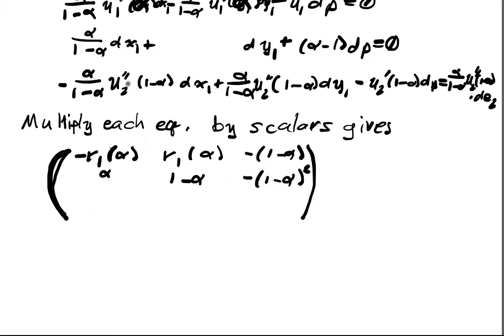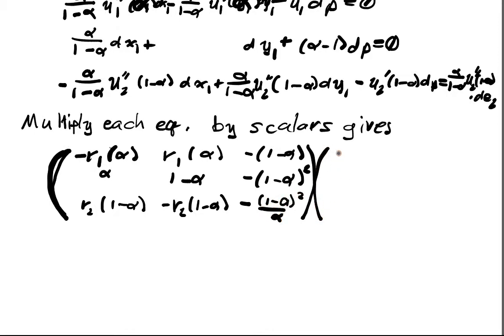So that's the first and second equations representing that first and second row. And then R2 of 1 minus alpha, negative R2 of 1 minus alpha, and minus 1 minus alpha squared over alpha. So it's good to know where these come from, but of course this is dx1, dy1, dp.